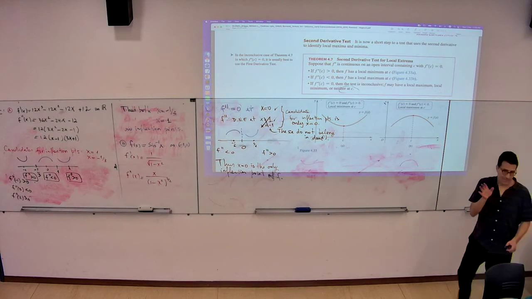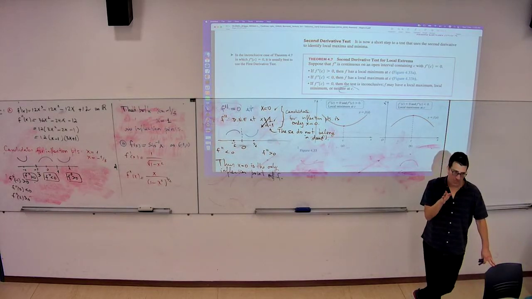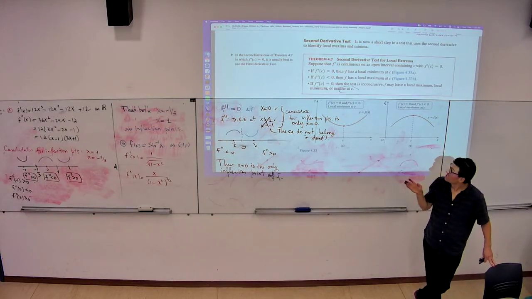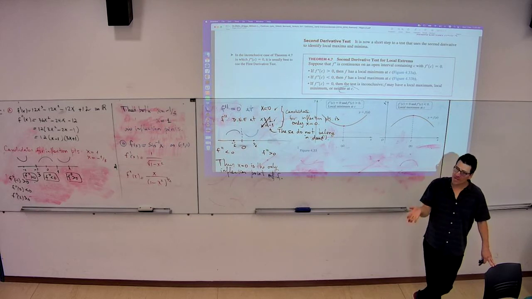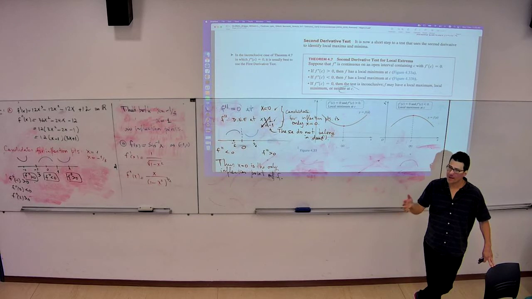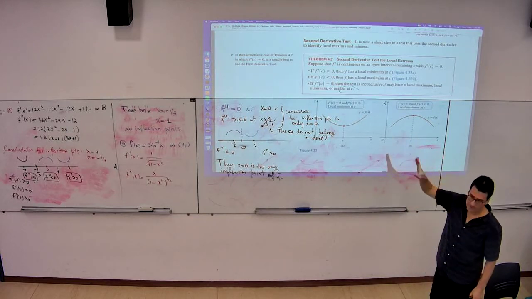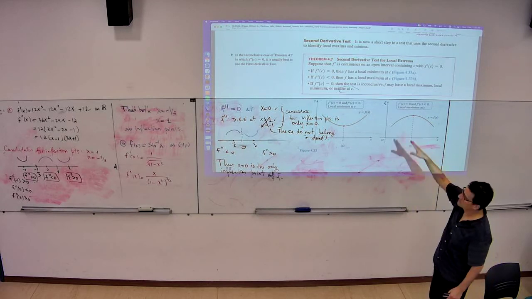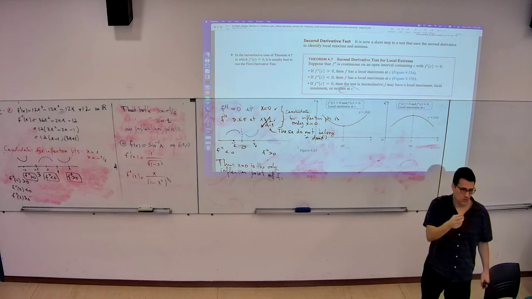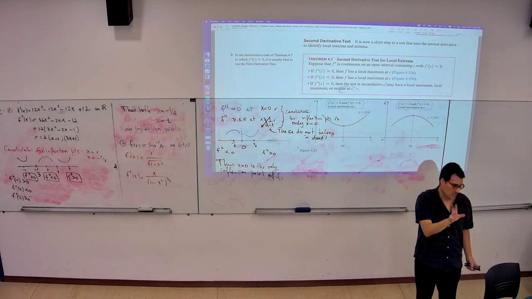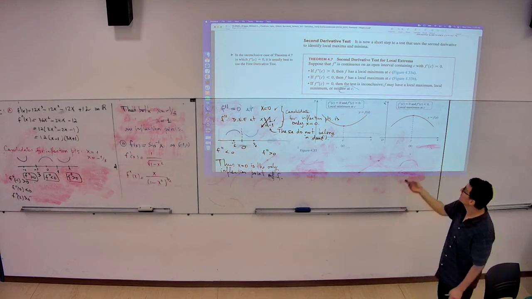Now something super cool to compute actually: local minimum and local maximum. Suppose that the function is continuous and you can differentiate the function at least twice, so f double prime is a continuous function.